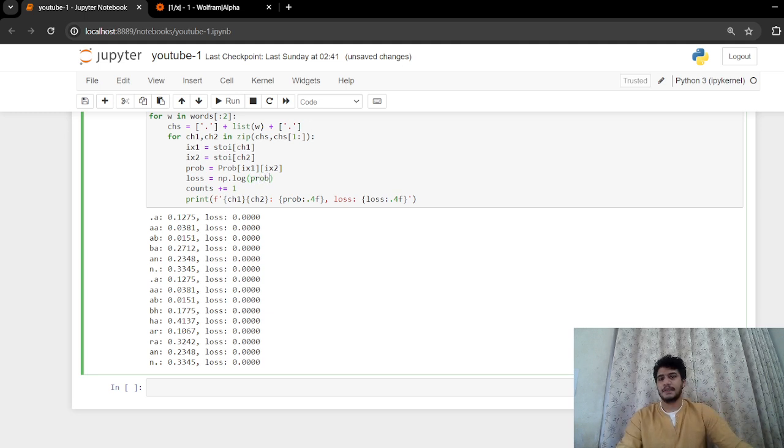This is the log loss, and let's print the log loss here.